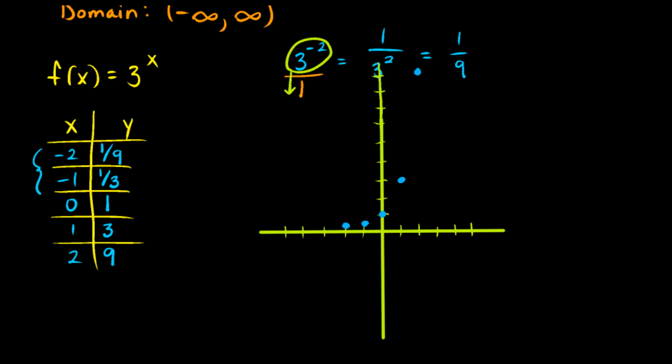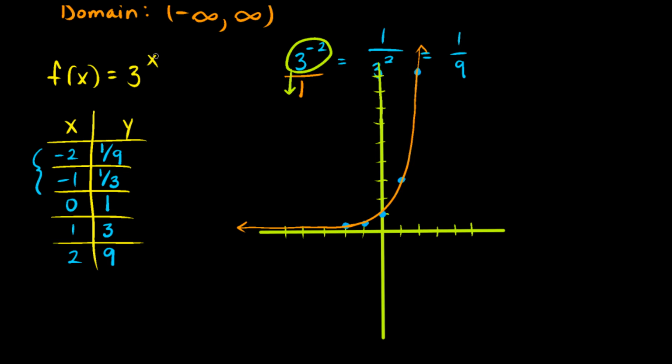Okay, so the actual graph of this is going to look like this. You'll notice that the x-axis looks like it would be an asymptote, and in fact it is. The x-axis for this example is an asymptote. No matter how far left you go, the outputs will always result in a positive value.